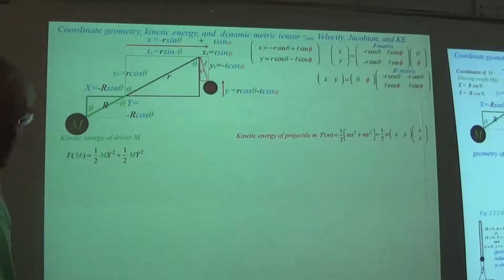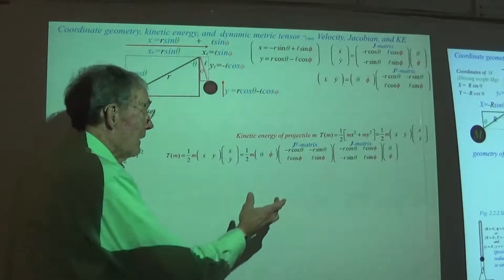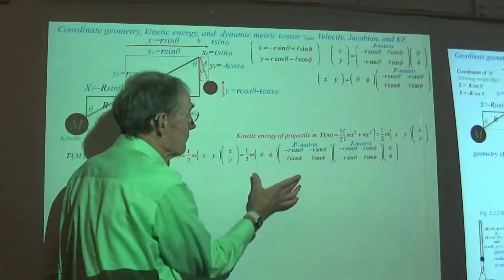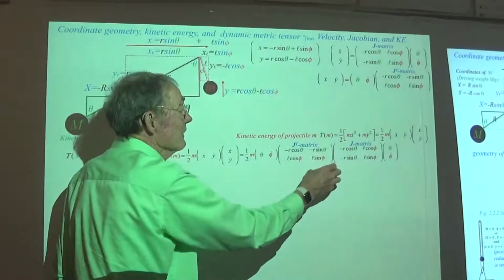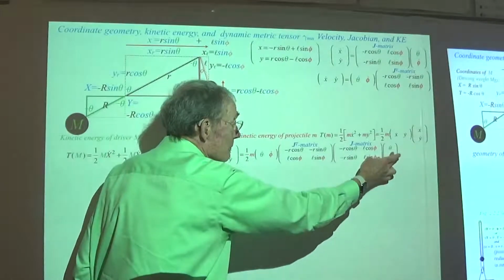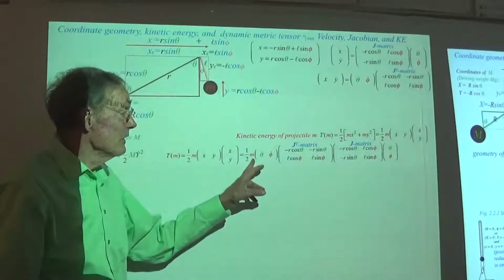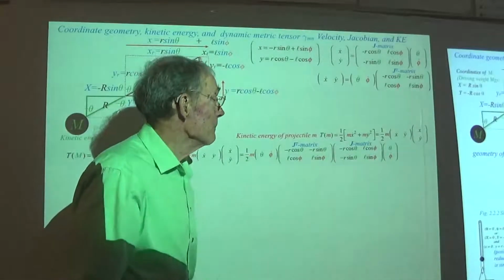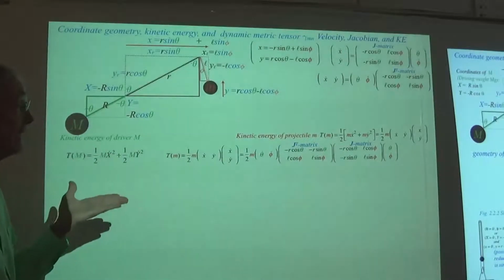I didn't bother to do that for that one, but when I do that, I would take this bra right here and write it all the way out using the transpose Jacobian, and then I have the Jacobian here multiplying the ket version of the angular velocities here and there. Okay, so there's your kinetic energy of the projectile.